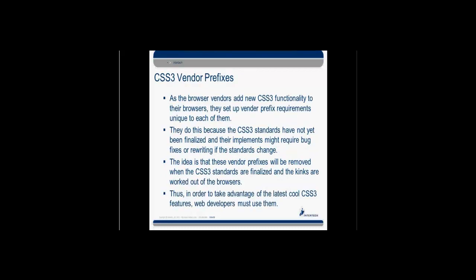Unfortunately, in order to take advantage of some of the really cool features of CSS3, you're going to have to use these things called vendor prefixes. A vendor prefix is literally something you'll add to your CSS file, such as a dash, and then some letters that represent the vendor browser's company, and then a dash, and then the normal element that would be used in the CSS.